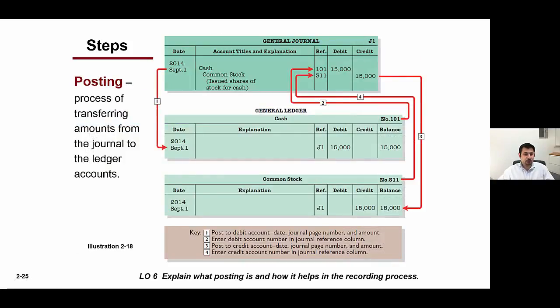The next step is posting. This is where we transfer the information from the journal to the ledger accounts, the individual accounts in the ledger. We first transfer the information for the debited account. We start here with the date, the debit amount, the balance, and we include the reference of the journal page.